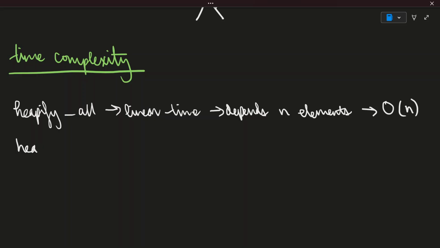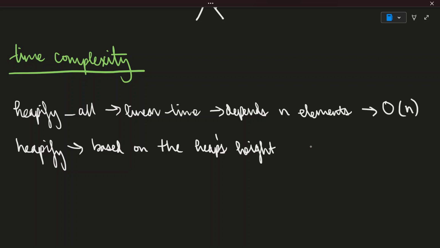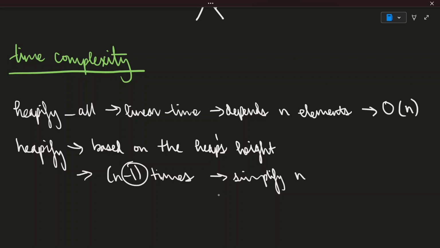Now heapify, since this is based on the height of the tree of the heap, is called n minus 1 times, which we can simplify to n because the 1 is negligible.